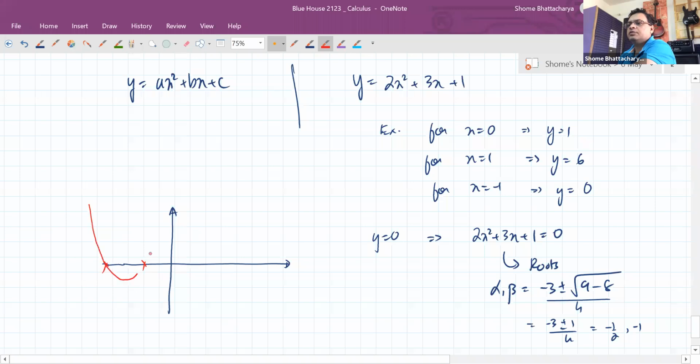So it will be a parabola in between these two, something like this, where at the point where x is equal to 0, the value of y is becoming 1. So this point is (0, 1), as we have seen. But by the time x becomes 1, the value of y jumps to 6. But for any single value of x, we are having a unique value of y.